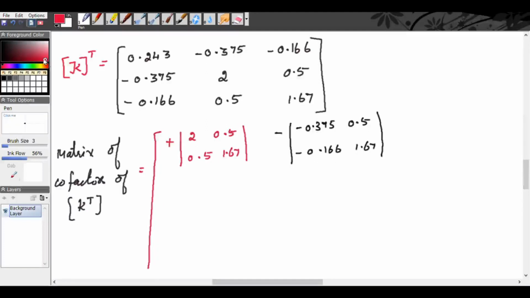Now for the third case, third is this, right? So for this you will be getting, so for that you have to take these 4. Okay. So as such you can take for all the values.